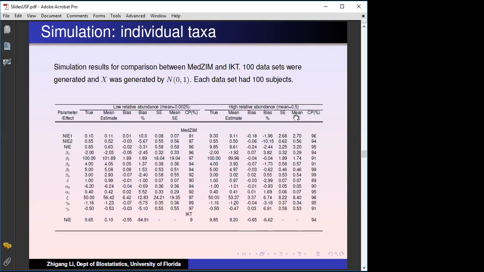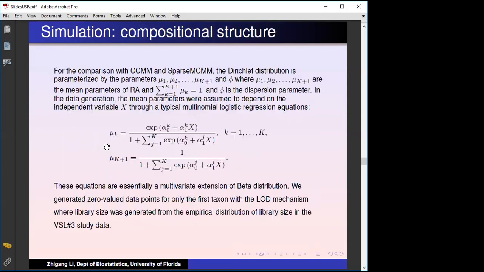It's 0.5, 50%. So it's very difficult to observe a false zero for this high relative abundance taxon, and all those zeros are truly zeros. In this case, the IKT approach can be applied, but it cannot decompose the mediation effect into NIE1 and NIE2, like the mediation effect through the continuous change and the mediation effect through the binary change.